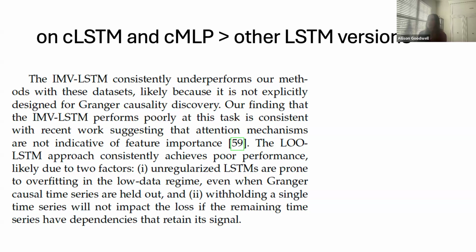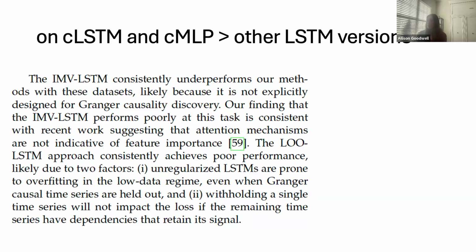Basically, they say the IMV is underperforming these component-wise methods that they suggest, likely because it's not explicitly designed for Granger causality. And they mention previous work that suggests that attention mechanisms are not indicative of feature importance. And then the problem with the leave one out approach was basically that they might be overfitting when they have not enough data.